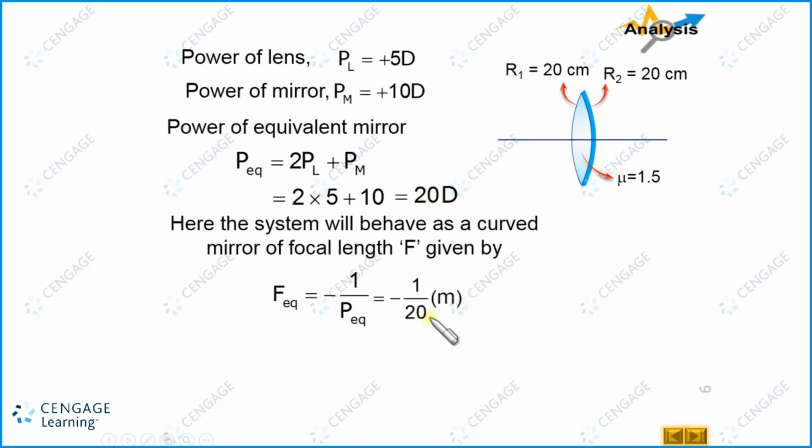So this is equal to minus 1/20 meter. Now we can convert into centimeter by multiplying by 100. So this is equal to minus 5 centimeter. Now we can say the minus sign means this system is acting as a concave mirror of focal length 5 centimeter.